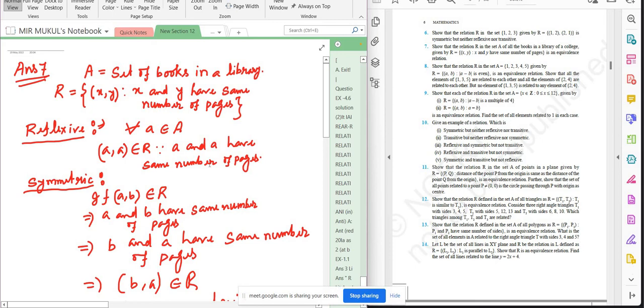So we can say that R is reflexive. Here one line I have not written. Therefore, write here: R is reflexive.